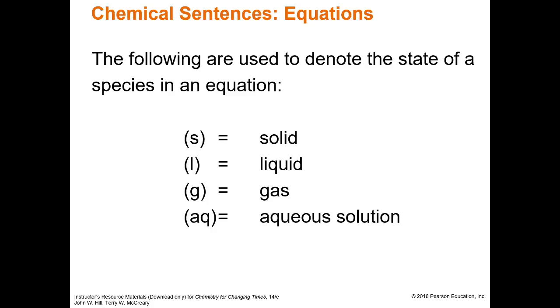Now, in chemical equations, we have some symbols and you need to understand what they mean. So these following are used to denote the state of a species, meaning one of the reactants or products, in an equation. And so we have solid, which is parentheses S. Notice the small s.